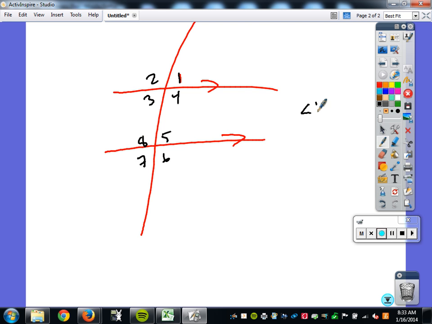So angle 1 is congruent to angle 3 because once again they are on the opposite sides like we just discussed, right?